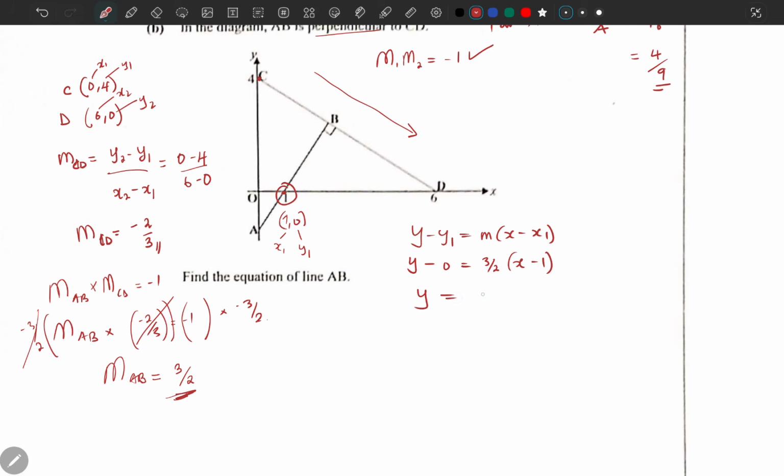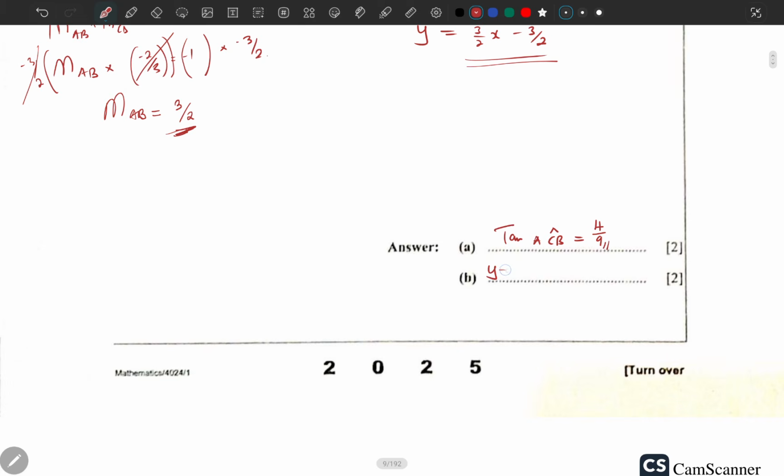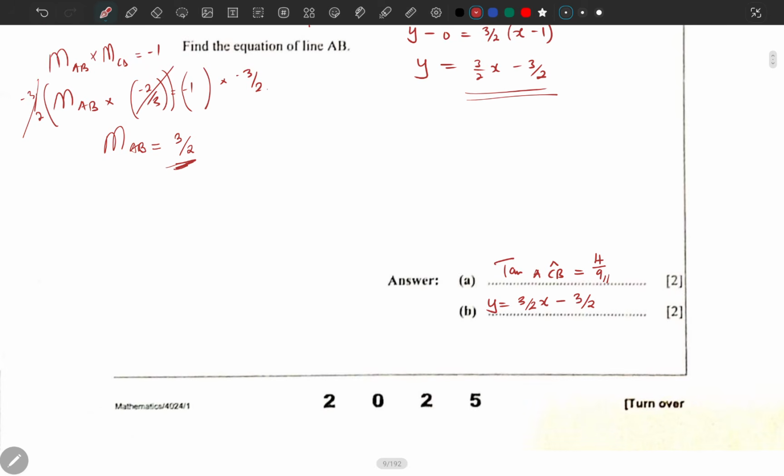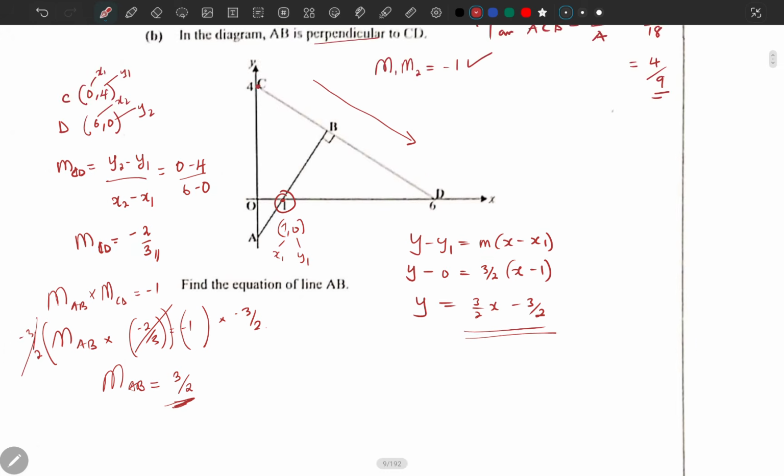This will give us y is equal to 3 over 2 x minus 3 over 2. So this becomes the equation. You come here, you write y is 3 over 2 x minus 3 over 2. Is there anything difficult? So this is how these two questions were supposed to be answered.